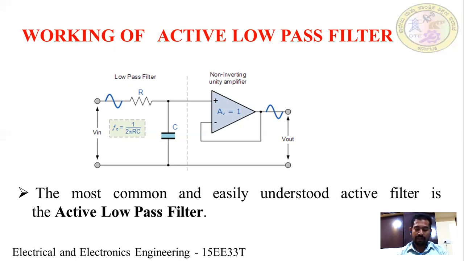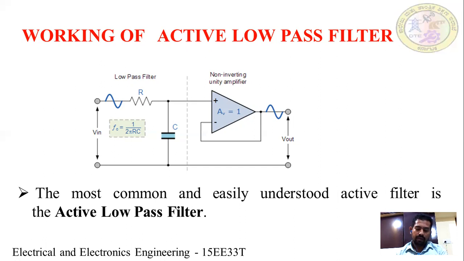The ideal filter has a constant output from 0 to the cutoff frequency fc, and after that the output is 0, as shown. The op-amp is wired to work as a voltage follower.